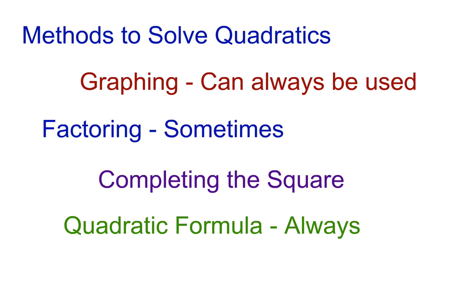Other methods might be easier to use in some cases, but the quadratic formula will always give you very accurate solutions. Remember, our formula for the discriminant that told us what our roots are was b squared minus 4ac.